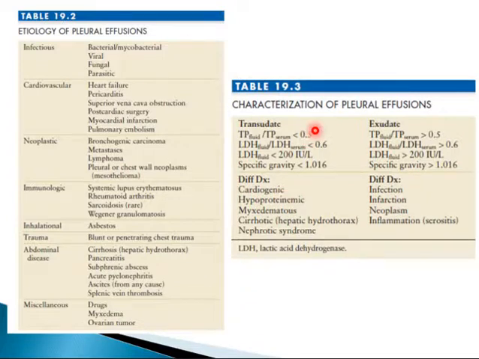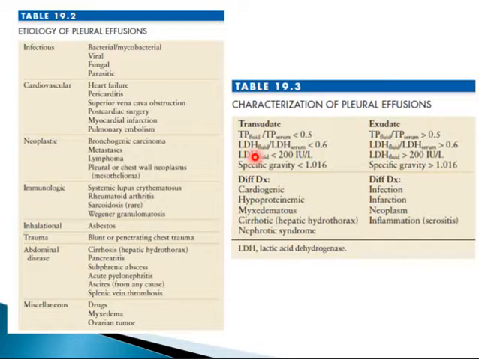The characterization of the pleural effusion, whether transudate or exudate, generally depends on the total protein in the fluid compared to the total protein in the serum. If the protein in the fluid is less than half of that in the serum, it's transudate. If the protein in the pleural fluid is more than half of that of the serum, it's exudate.